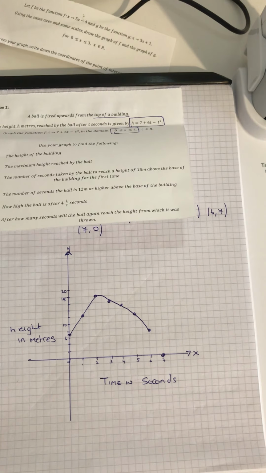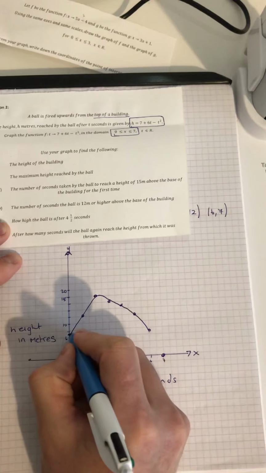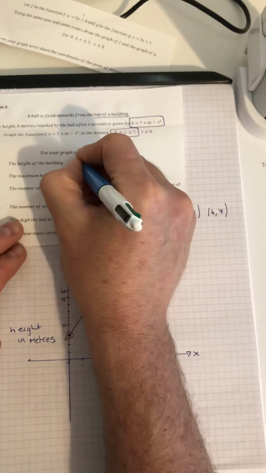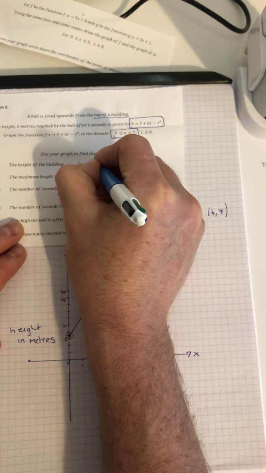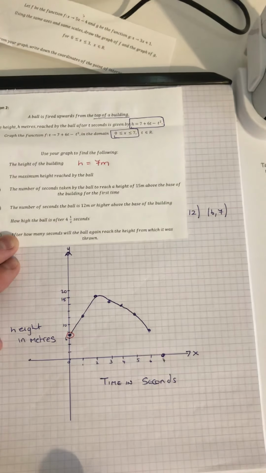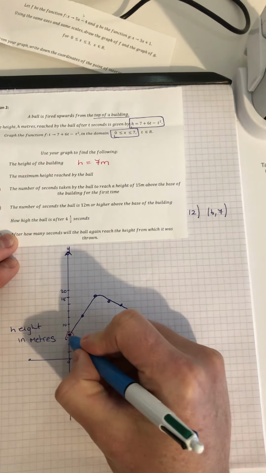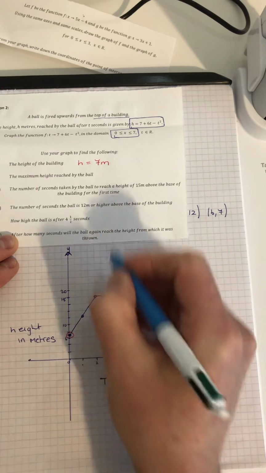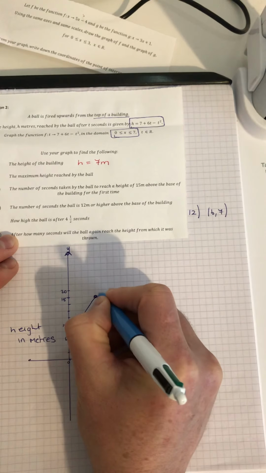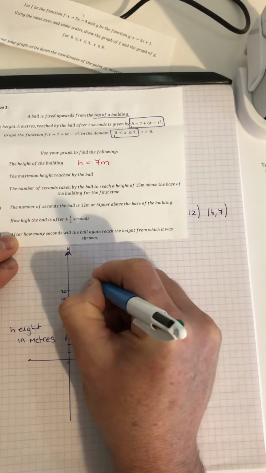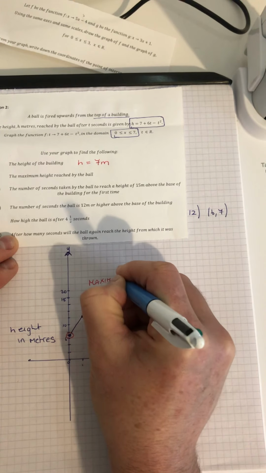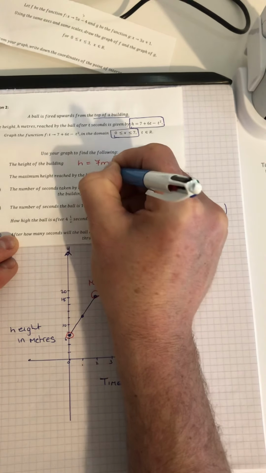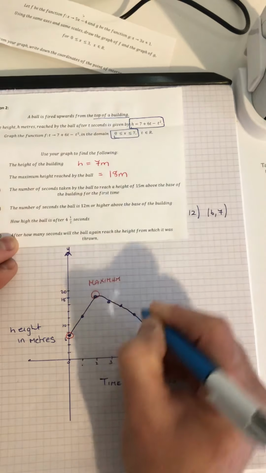The ball is thrown from here, so the initial height is equal to 7 meters. What's the maximum height reached by the ball? The maximum is equal to 18 meters.